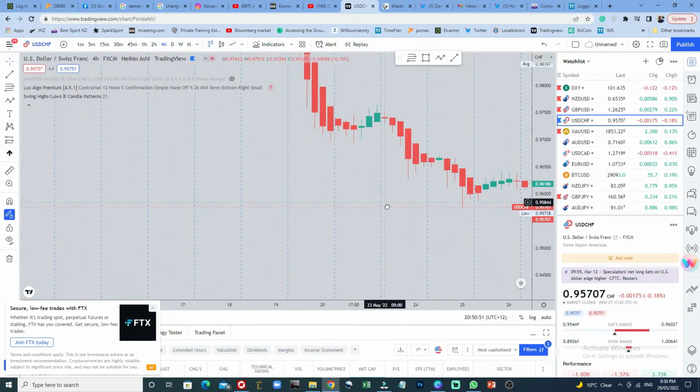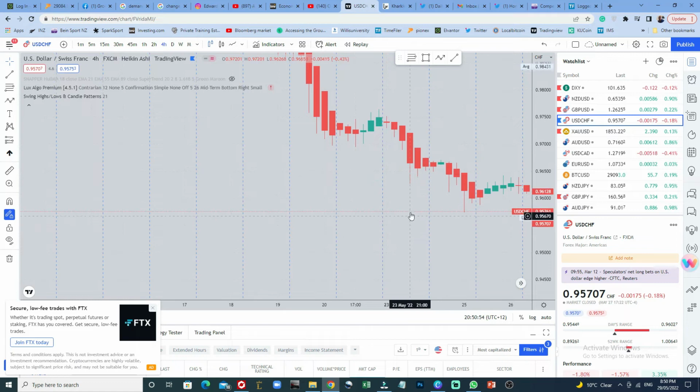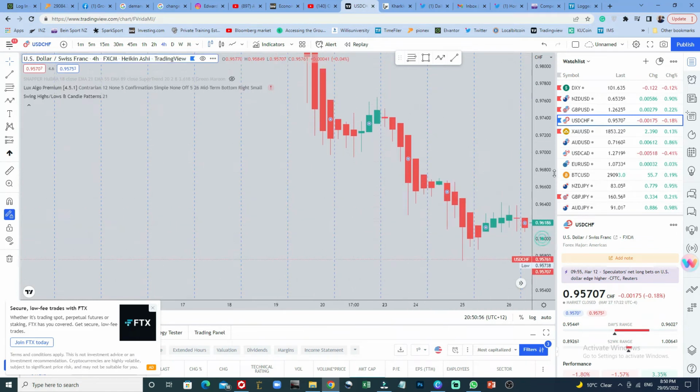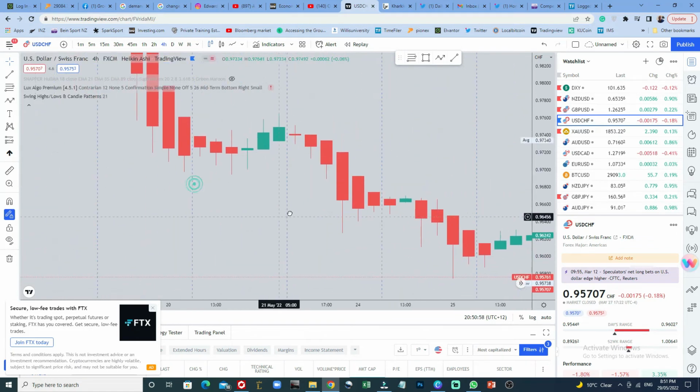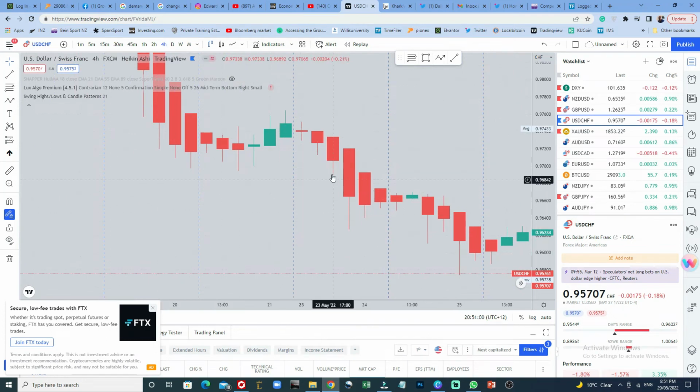Now, on the 23rd, what we want to do next is to mark the highs and the low of the week. When the week started, it started with these two candlesticks.